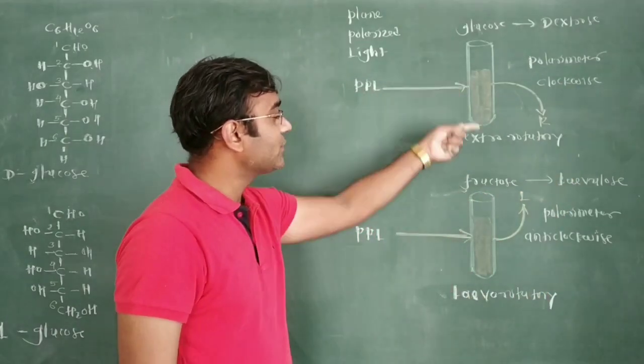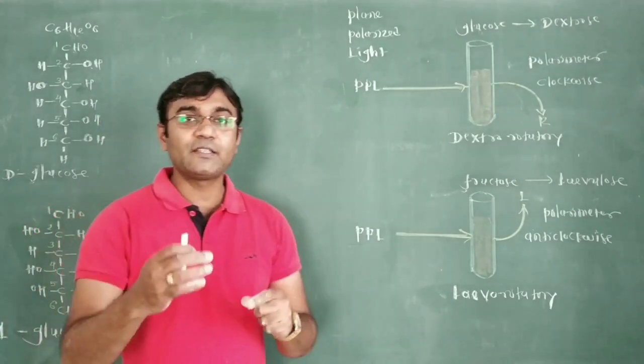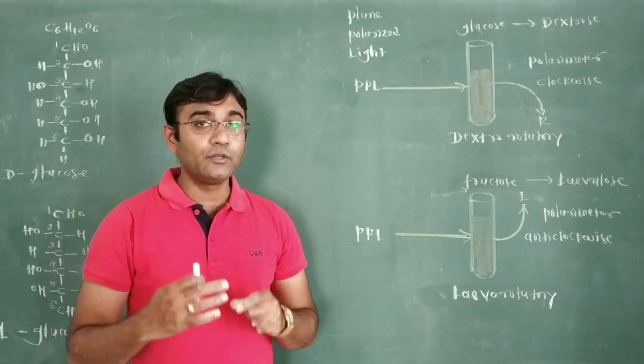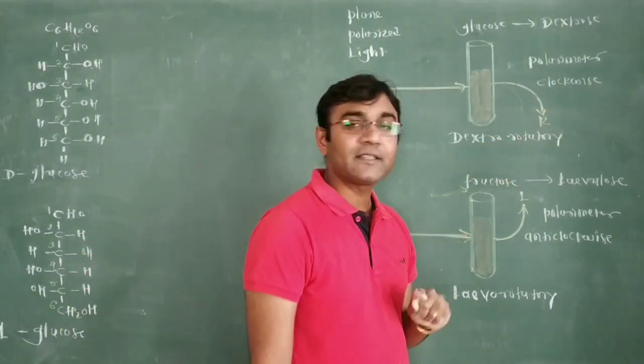So the chemical in this solution is dextrorotatory; a dextrorotatory solution bends light clockwise to the right.